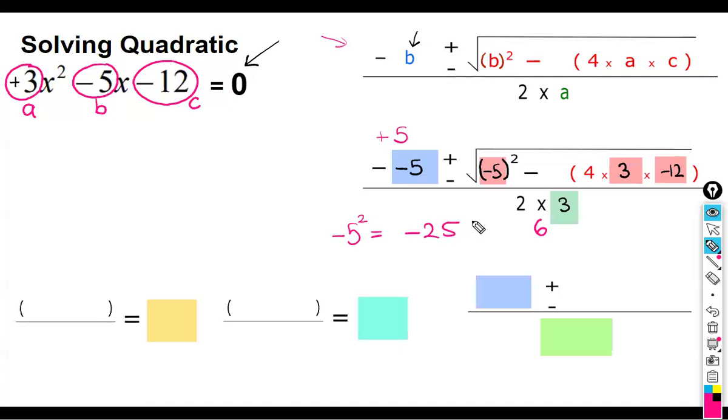That's 100% wrong. When you square anything in the world, it doesn't matter if it's negative or positive, you get positive. So minus 6 squared is positive 36. Minus 4 squared is still positive 16.